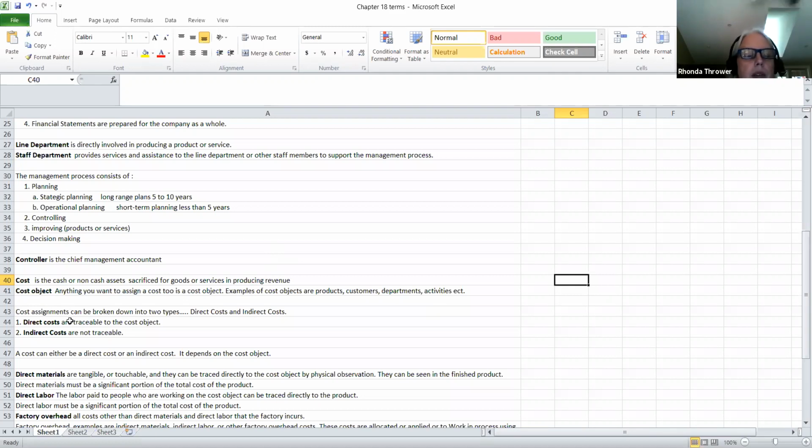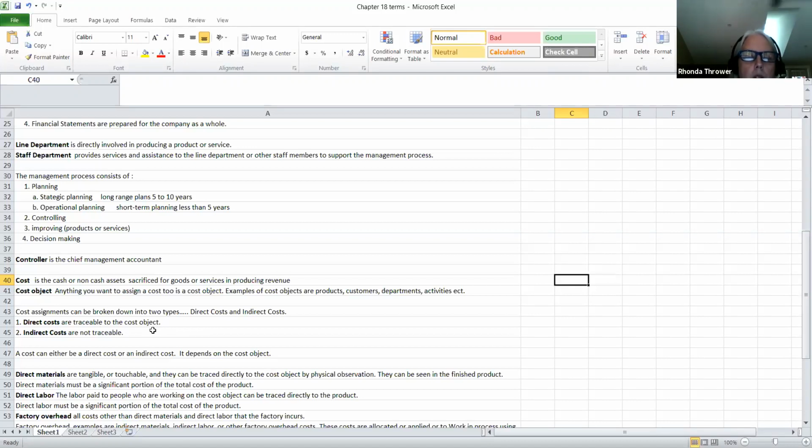Now, when we assign cost to a product or any cost object, they can be broken down into two types. There's what we refer to as direct cost, which are the costs that we can trace specifically to the cost object.